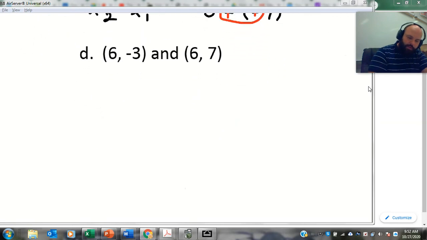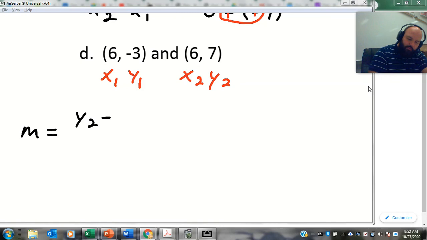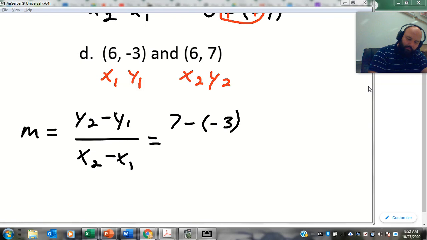Now, the last one we're going to do, once again, we're going to label our points first, x1, y1, x2, y2. And then I'm going to write my formula, m equals, and then it's y2 minus y1 over x2 minus x1. So I have 7 minus, and then negative 3.